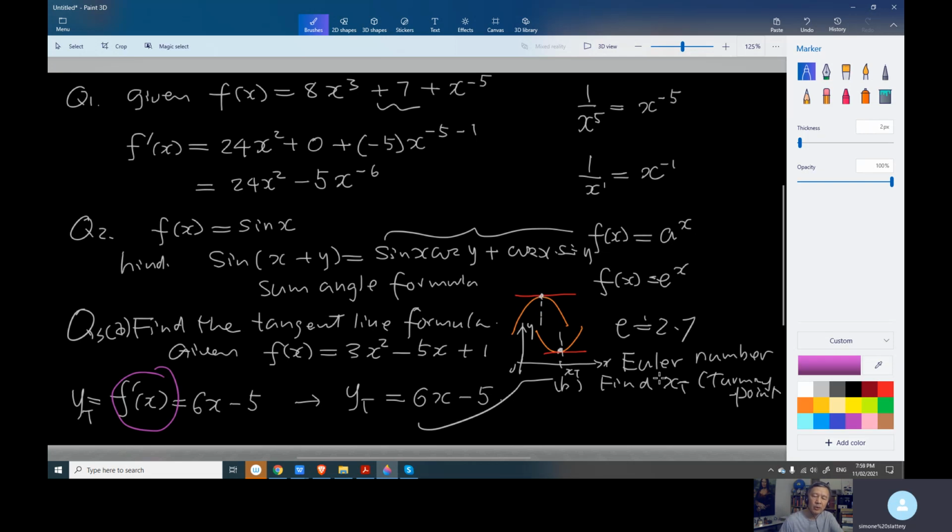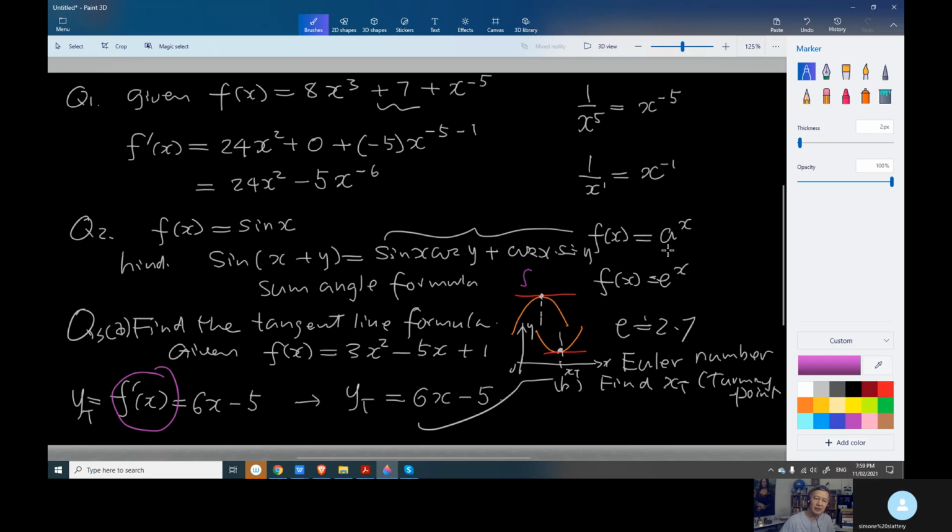What is special about the tangent when it is horizontal, a straight line? What is so special about this turning point? It means that the slope is 0. Yes, that's right. So in this case, slope is 0. How can we determine x? By assuming the tangent, or first derivative, equals 0.